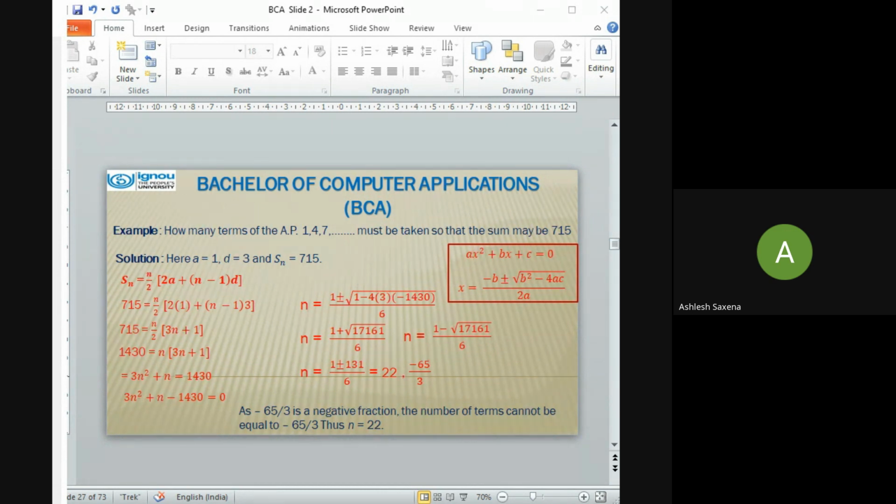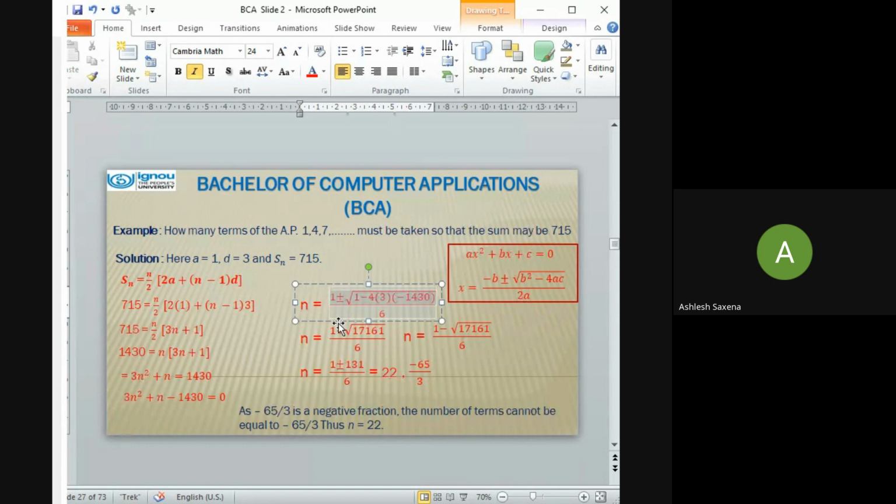Yes, what is your question? Here you can see your a is... I forgot to keep the minus over there.